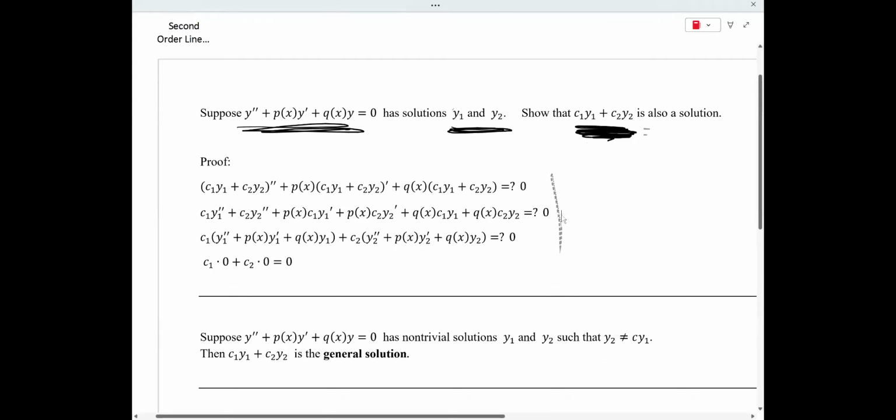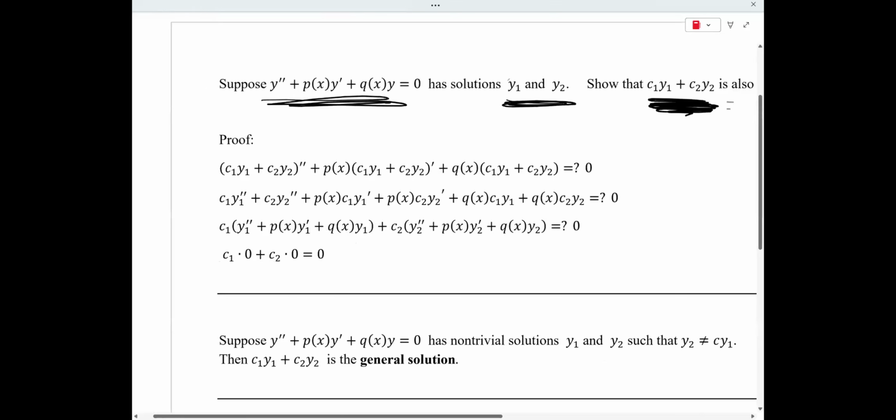And this is kind of the proof of it if you go through it. Basically, you take this and substitute it in. The idea is the second derivative: when you take derivatives, it's like a linear thing, right? So you can take the derivative term by term. If you have the second derivative of a sum, that's the same as the sum of the individual pieces. I just want to point out this happens here.